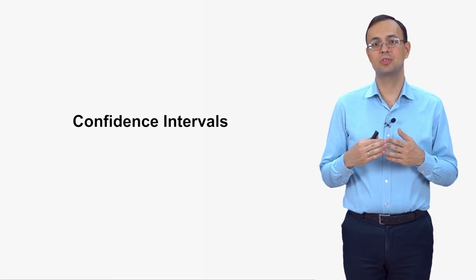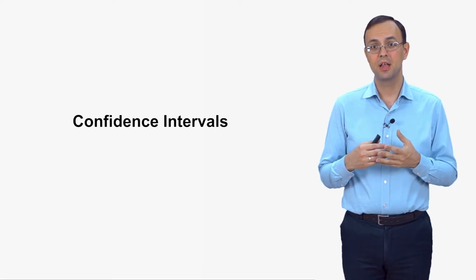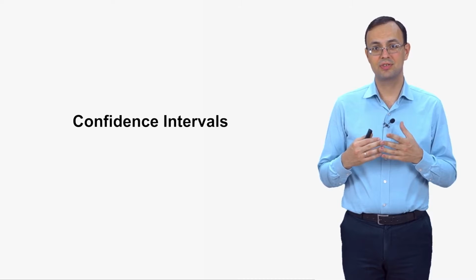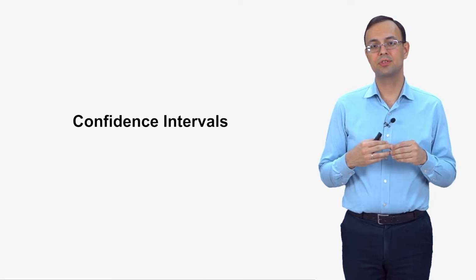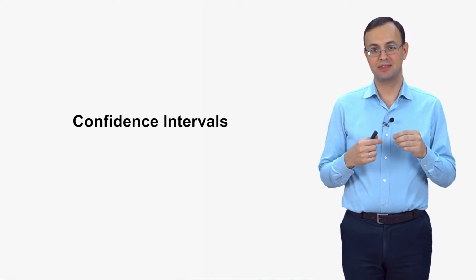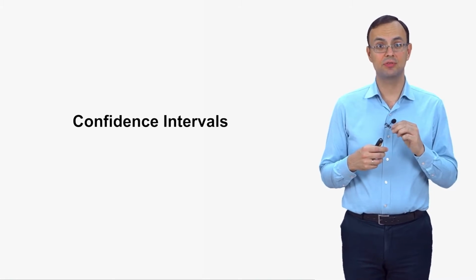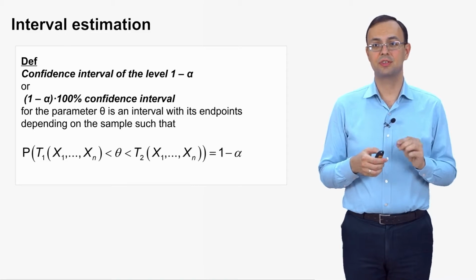So you just have a number. You can say that this is an approximate value of the unknown parameter, but you can't say how accurate this estimator is. And if you are interested in accuracy of your estimating, it's better to find not the point estimator but an interval estimator, or a confidence interval.